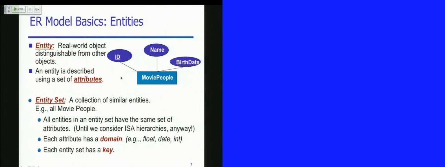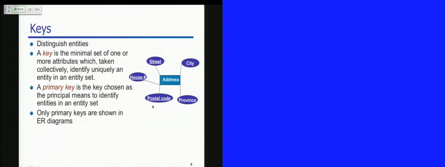To uniquely identify them, we need to have a key. So a key is going to distinguish different entities that we have, and a key is going to be the minimal set of one or more attributes which taken collectively will identify you uniquely.